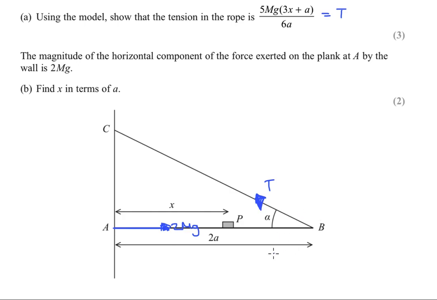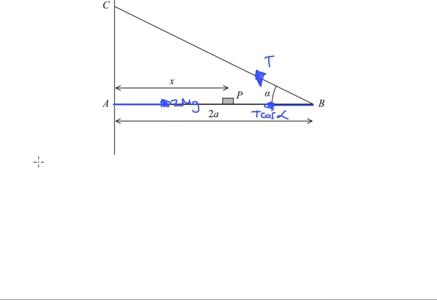Now the only other horizontal force that we have is the horizontal component of T, which will be T cos alpha. So because it's not moving, because it's in equilibrium, 2mg must equal T cos alpha. So we can write down that 2mg is equal to T cos alpha.